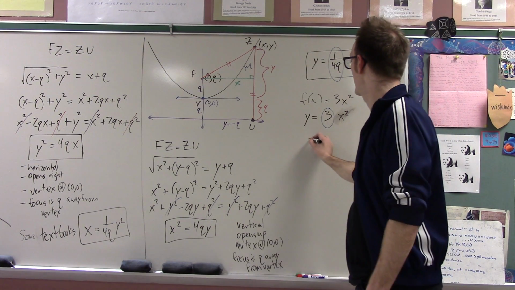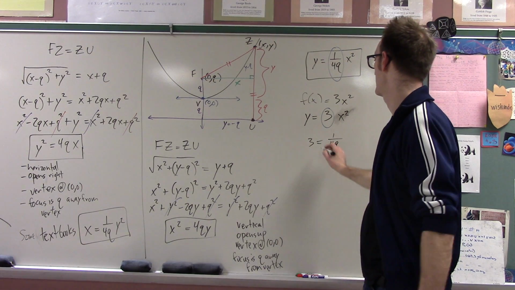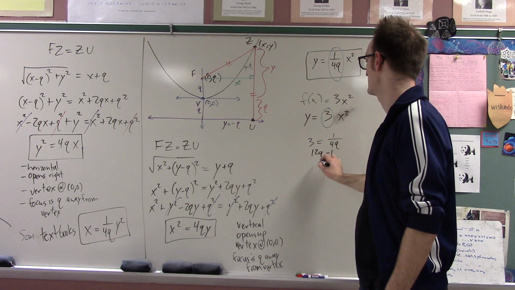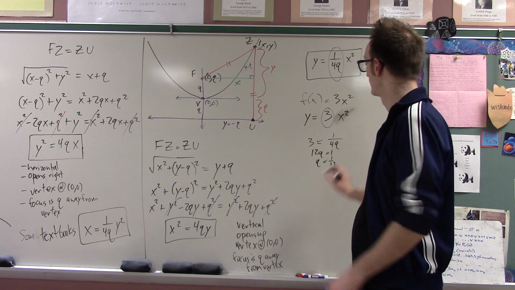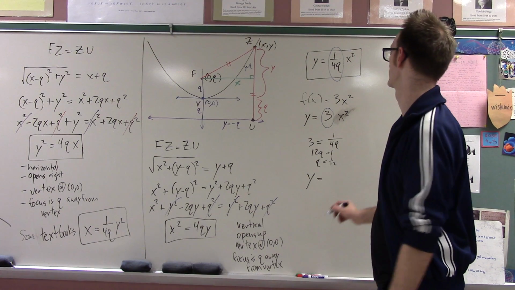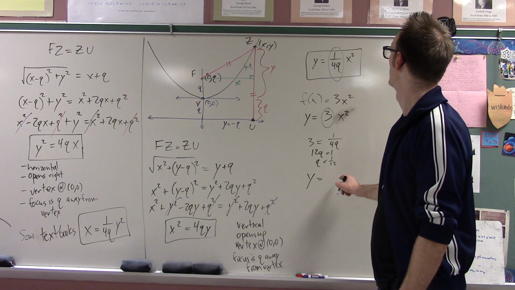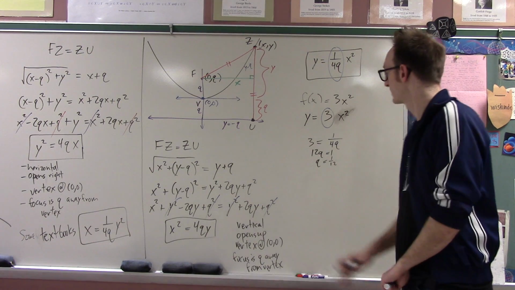If 3 is 1 over 4q, then 12q is 1, and q is in fact 1/12.